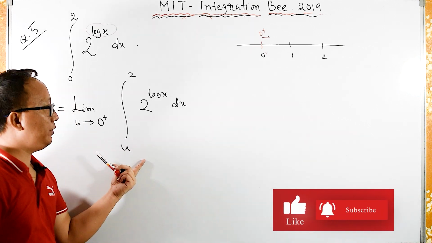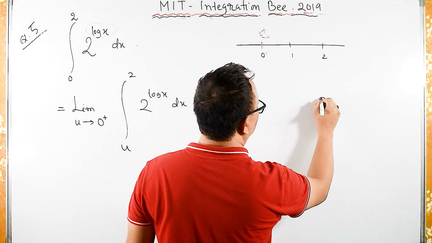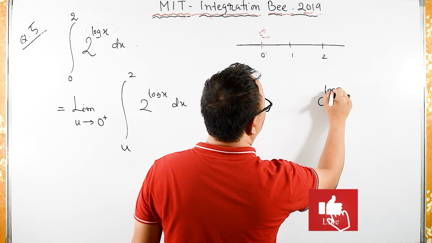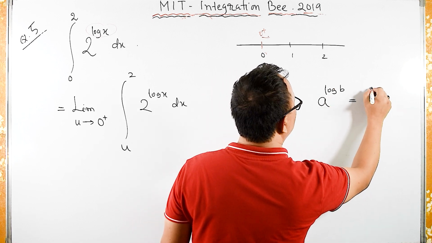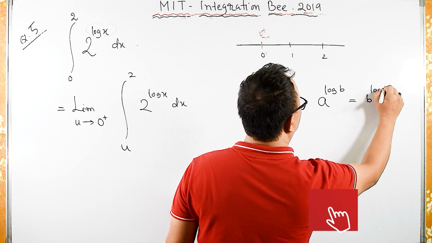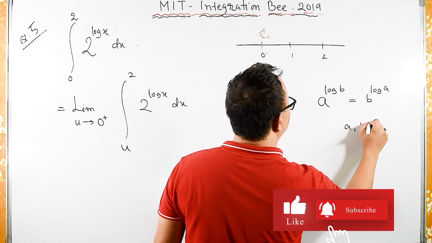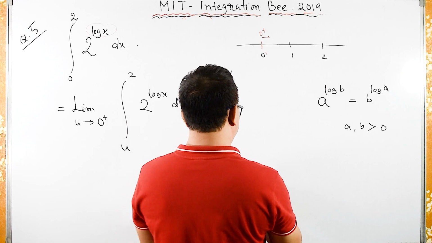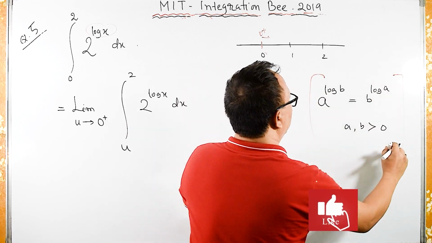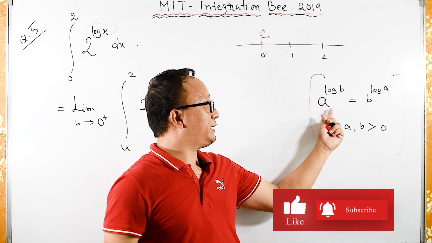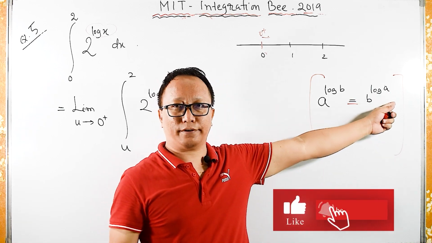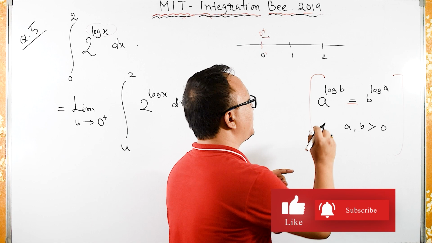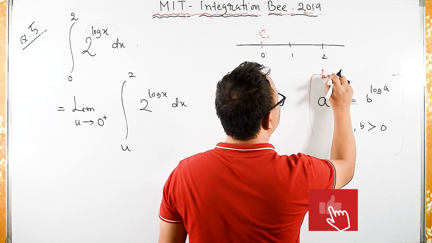And then we have one logarithm property: a raised to log of b is the same as b raised to log of a, where a and b should be strictly greater than 0. Means a raised to log b is the same as b raised to log a. These are the properties of log, the logarithm property.